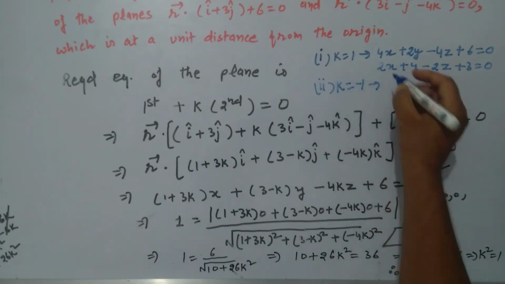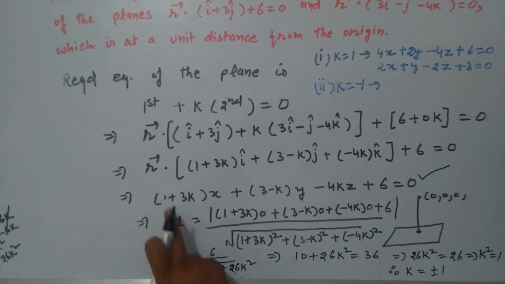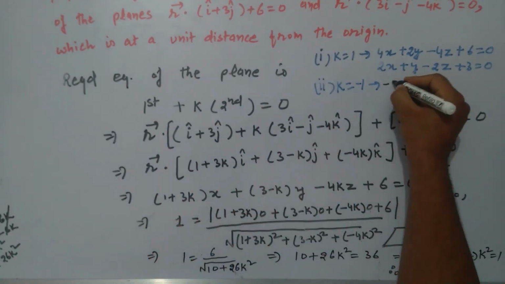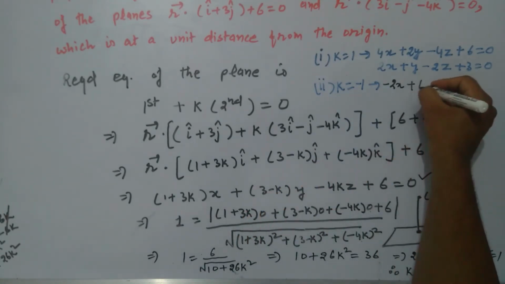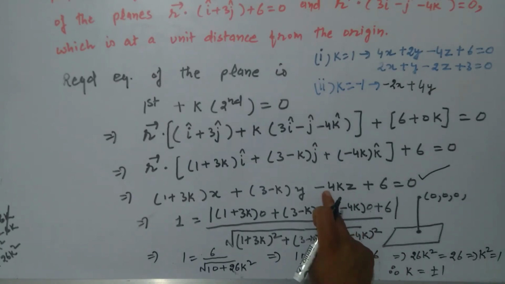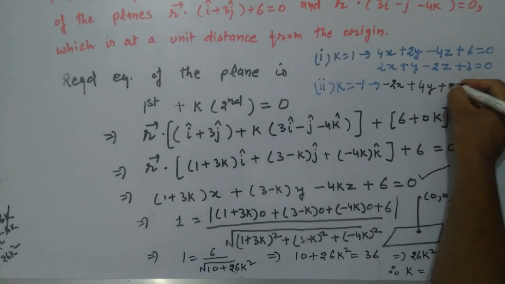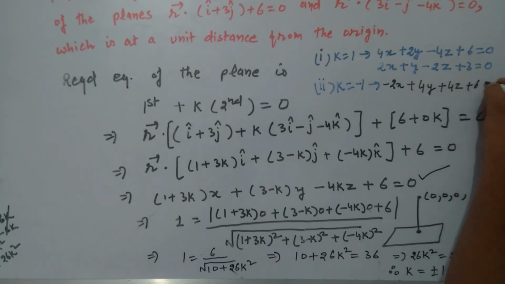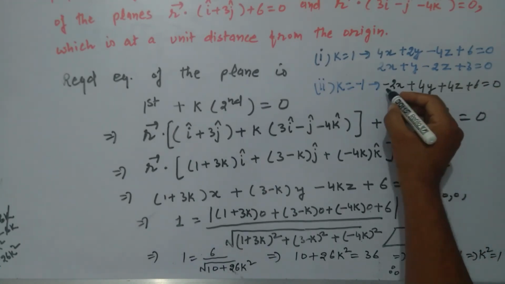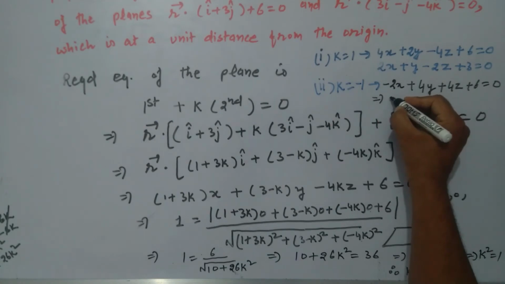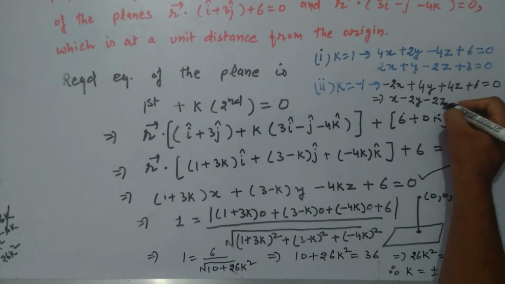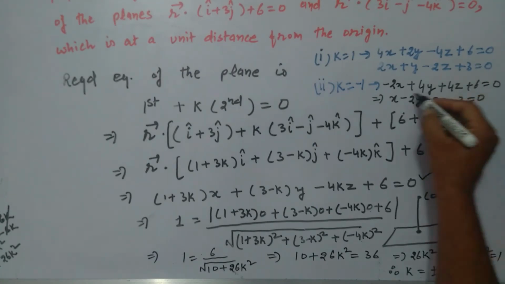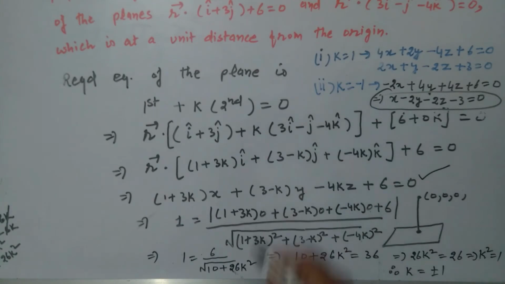Then we have 1 minus 3 becomes minus 2x, 3 plus 1 becomes 4y, minus 4k becomes 4z plus 6 equal to 0. Again dividing by minus 2 we have x minus 2y minus 2z minus 3 is equal to 0 is the required equation of the plane. So two equations we have obtained.